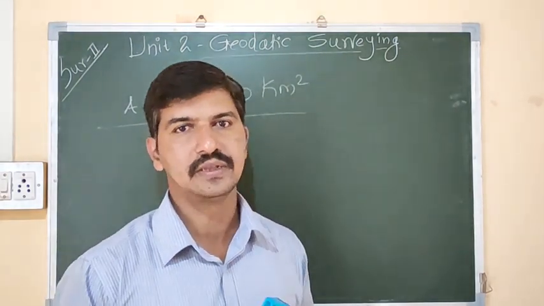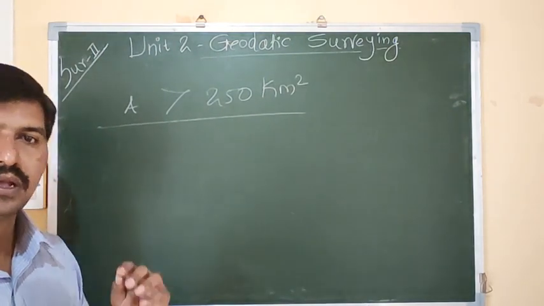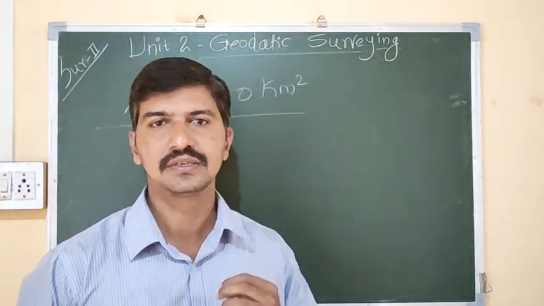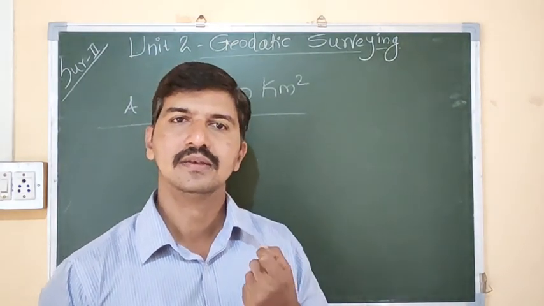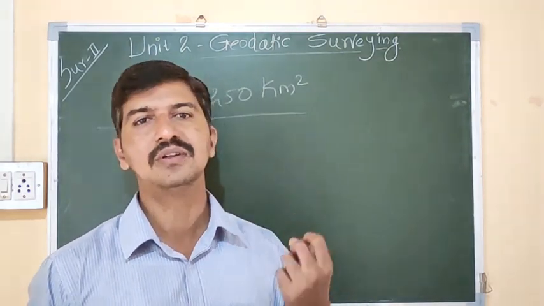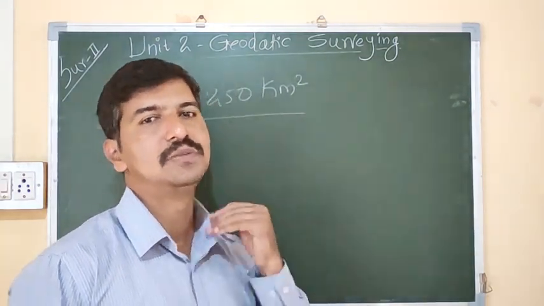In geodetic surveying, we have to consider the larger area. Now, to complete this geodetic surveying, as the area is large, we require some advanced and modern techniques, or we can say methods, to complete this particular survey.